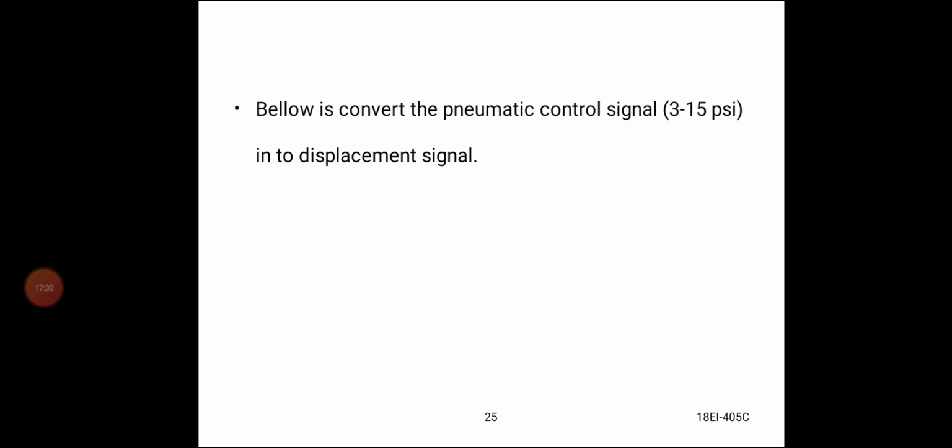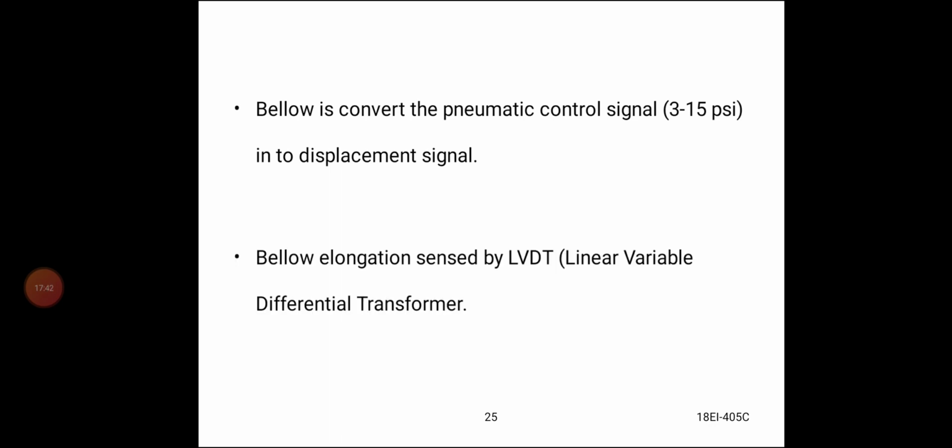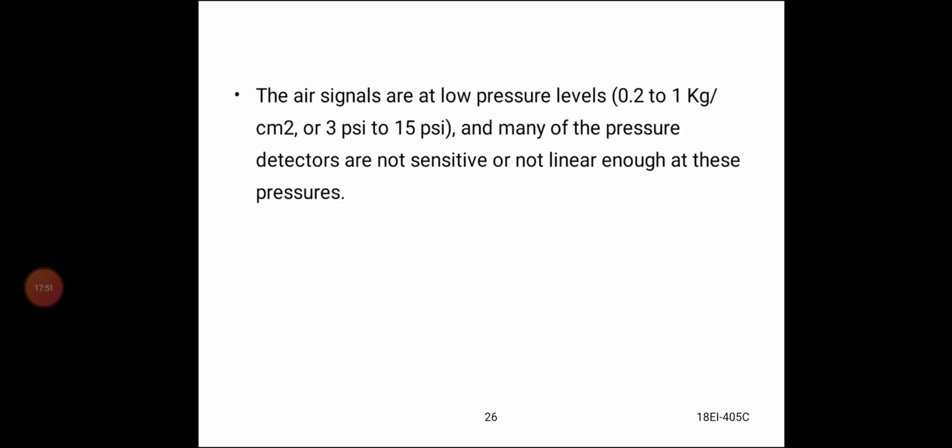The bellows converts the pneumatic control signal, that is 3 to 15 psi, into a displacement signal. Bellows elongation is sensed by an LVDT, a linear variable differential transformer.